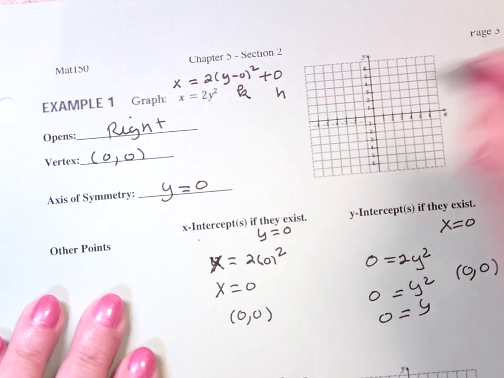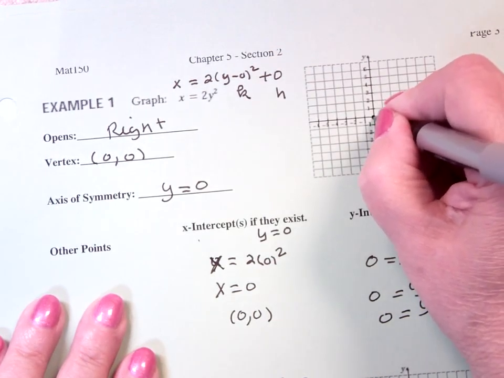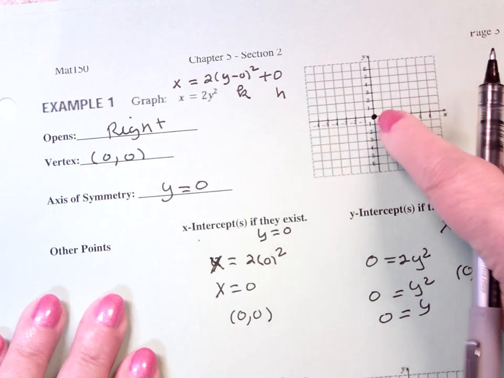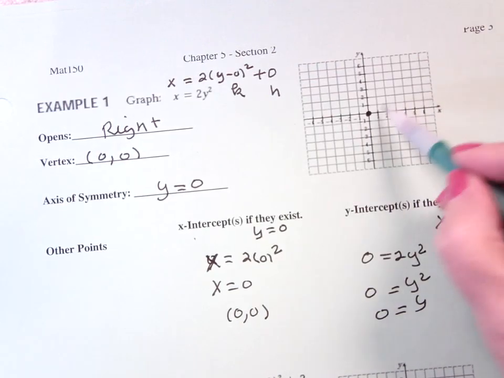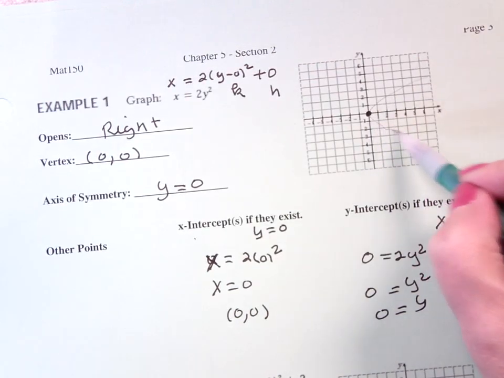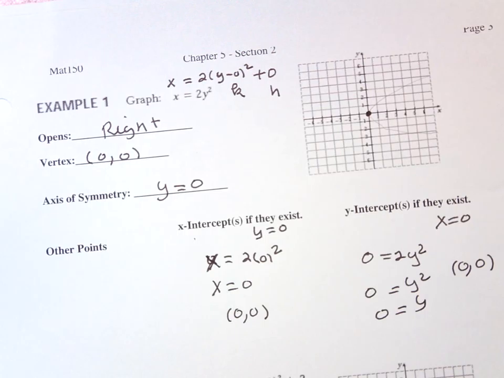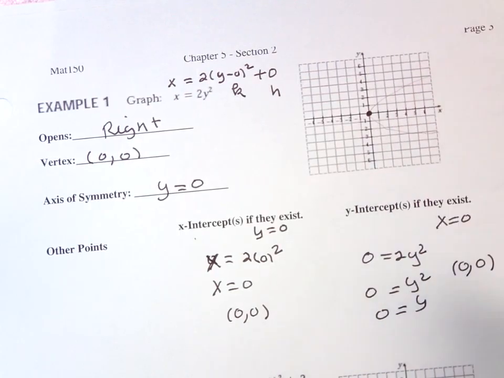So I have one coordinate point, (0, 0). And if you think about it, I can do a quick sketch. I know that he opens to the right. But in order for me to get a sketch of him up, I need one more coordinate point.